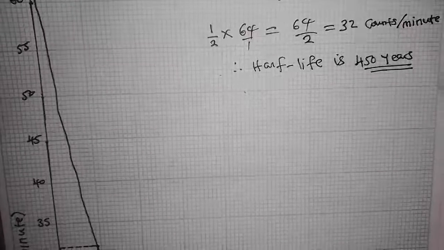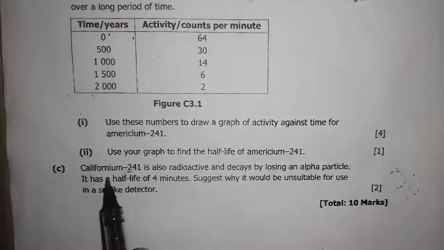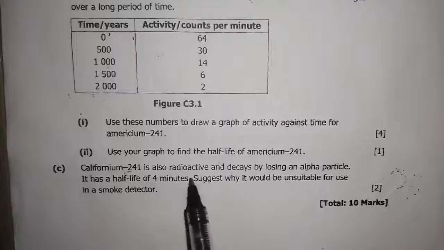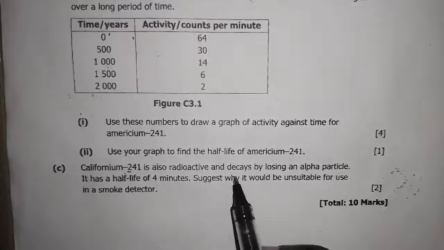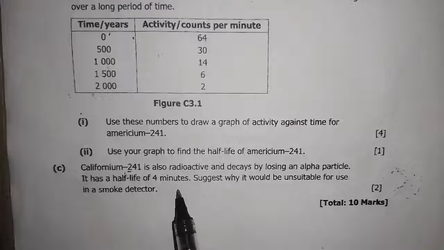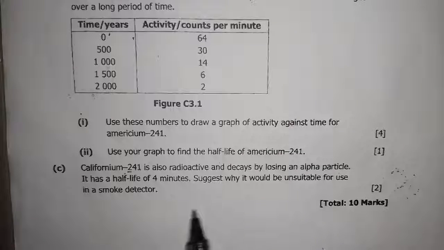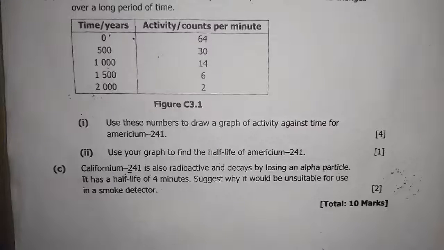Now the last question is, they are saying californium-241 is also radioactive, and decays by losing an alpha particle. It has a half-life of 4 minutes. Suggest why it would be unsuitable for use in a smoke detector.